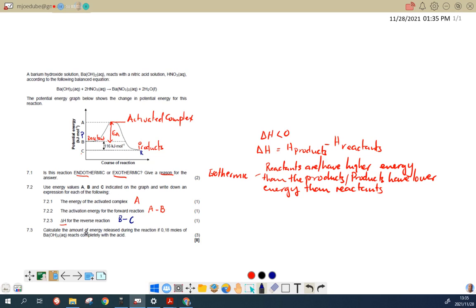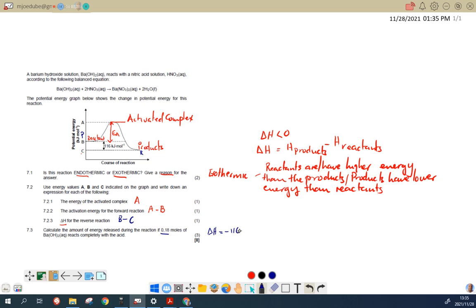And then calculate the amount of energy released during the reaction if 0.18 moles of barium hydroxide reacts completely with the acid. So in this particular case, what you do observe is that delta H for the forward reaction is equal to minus 116 kilojoules per mole.